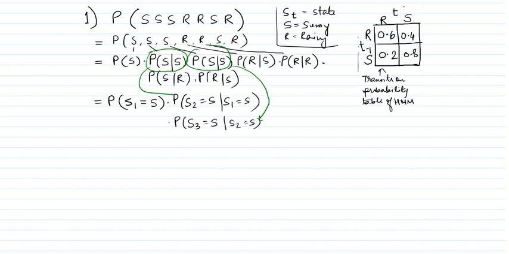I may write out for the last one also, S1, 1 2 3 4 5 6 7, so this is S7. P of S7 is equal to rainy given S6 is equal to sunny. So we can get these probability values from the table.